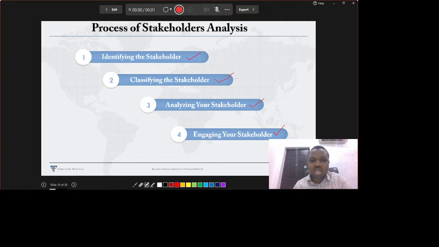There's a need to classify them so that we can deal with them in strata. Then there's a need to analyze those stakeholders, their level of interest, influence, commitment, and authority. And definitely we need to constantly collaborate, communicate and engage with those stakeholders.